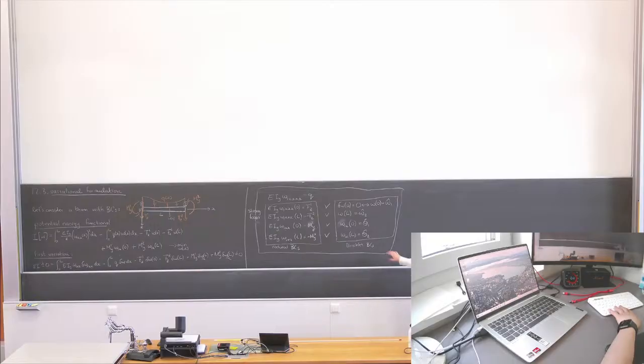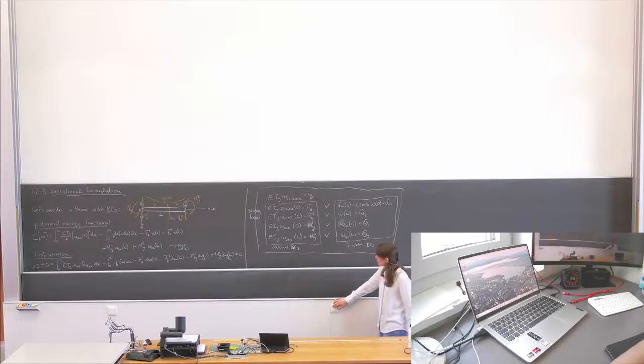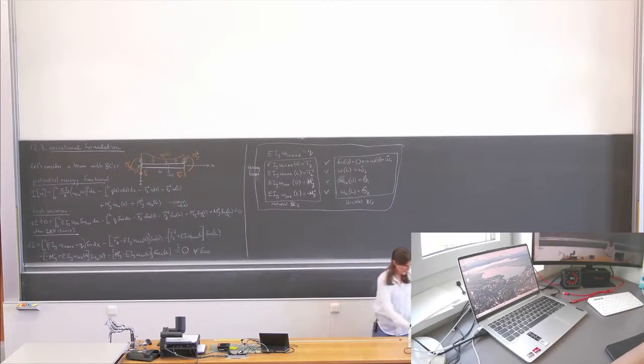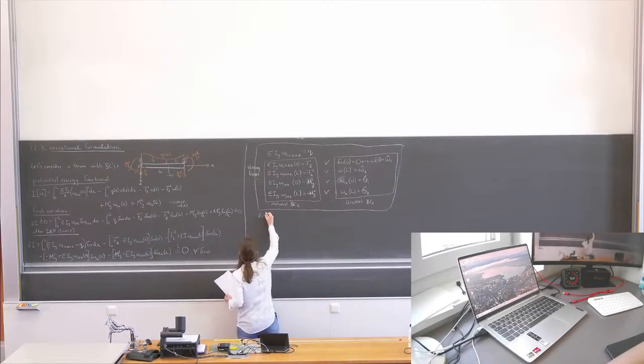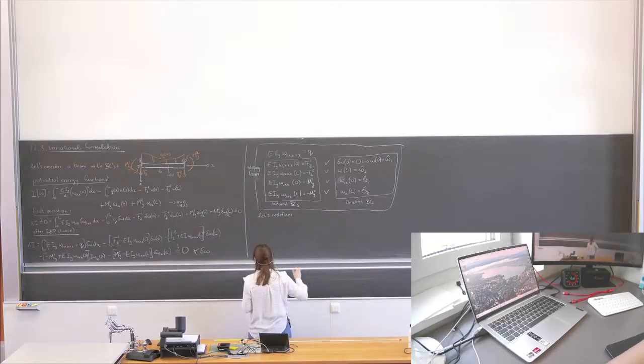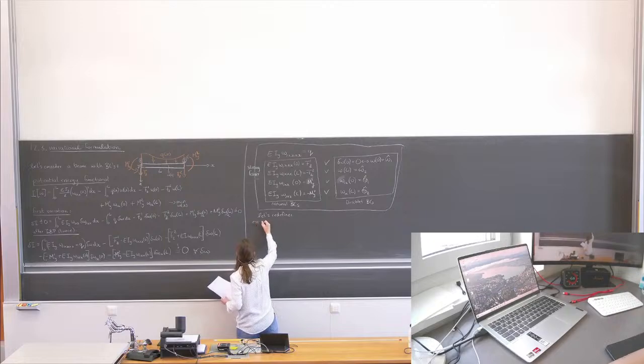So now, how come we can say that w comma x is an essential boundary condition? Let's write this right beneath here, because we somehow have to redefine what our Dirichlet boundary conditions are. So let's redefine. Because previously we always told you that you always have to impose a deformation only as a Dirichlet boundary condition. So now we can say for our essential boundary conditions, essential and Dirichlet mean the same thing.